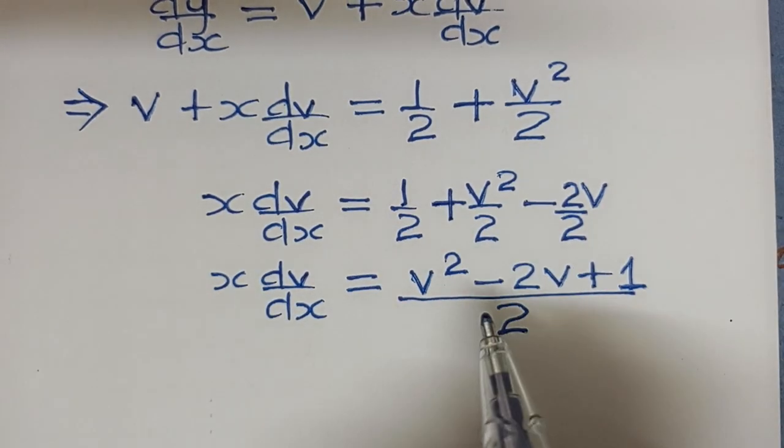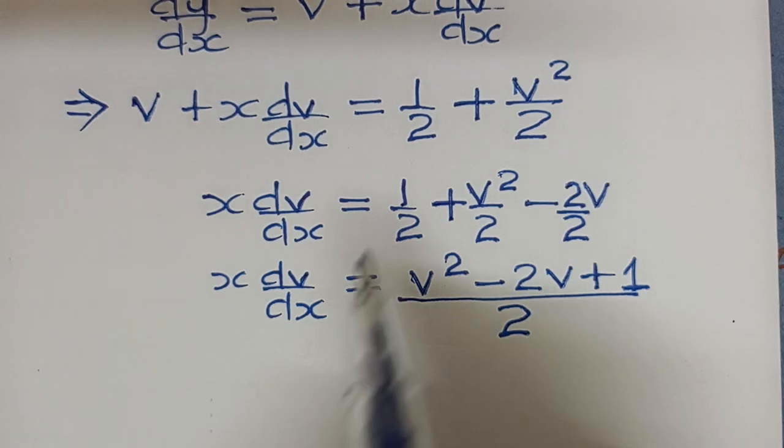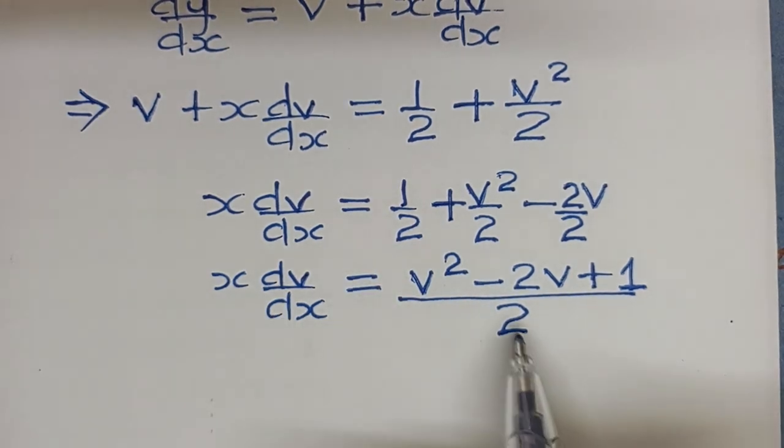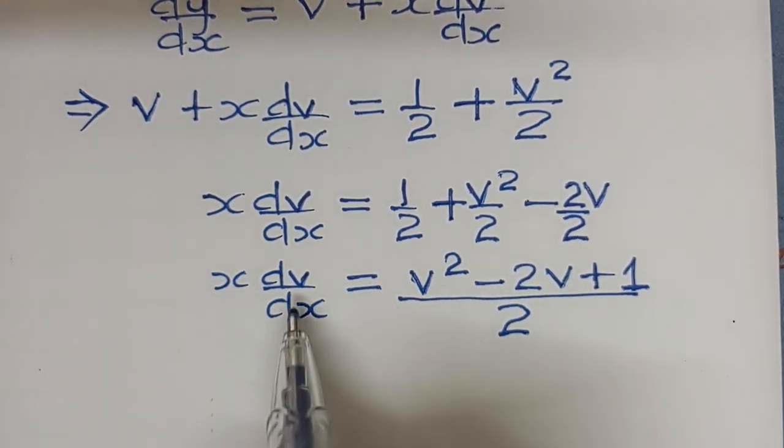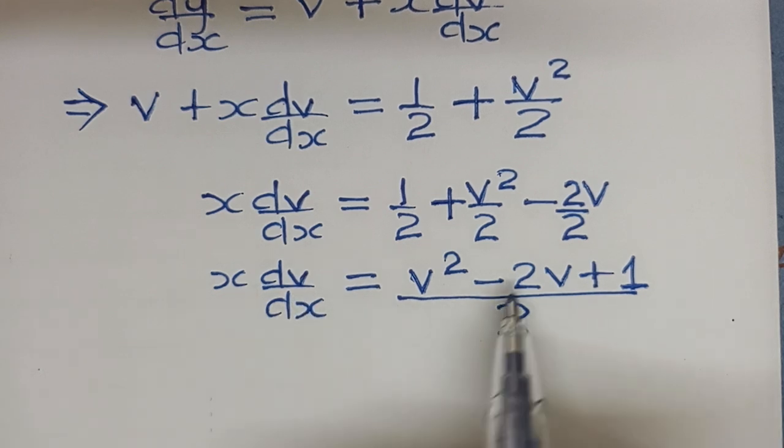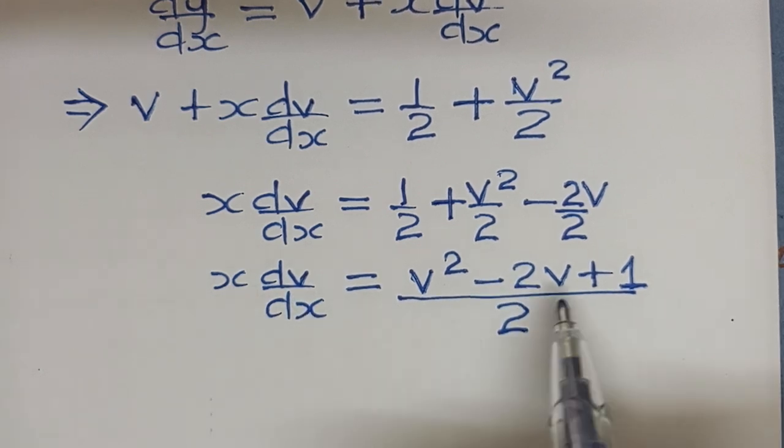Guys, from there we separate the variables, whereby we can bring this v squared minus 2v plus 1 to this side, and x can go on this other side.